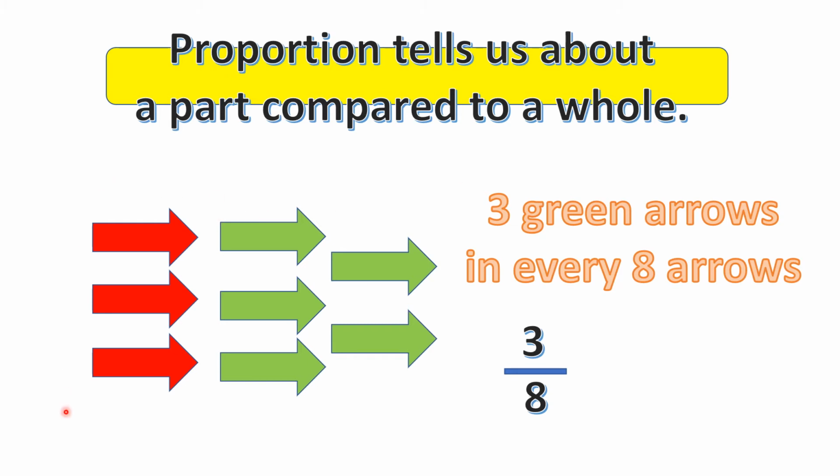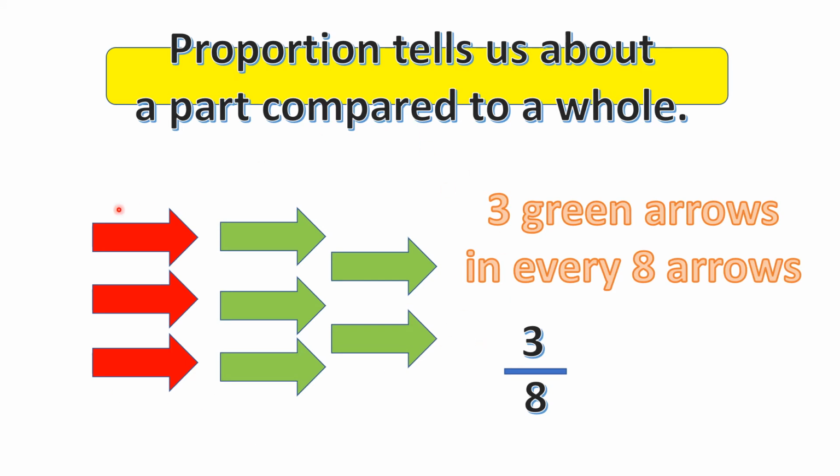Okay, so let's have a look at this example. We've got some arrows here. And the question is, what is the proportion of red arrows? The proportion is 3/8 because there are 3 red arrows in the whole thing.